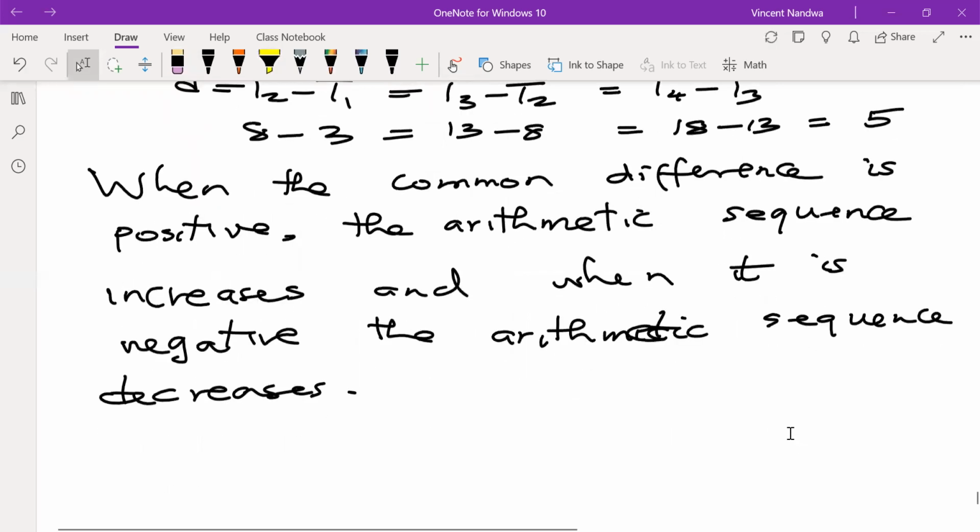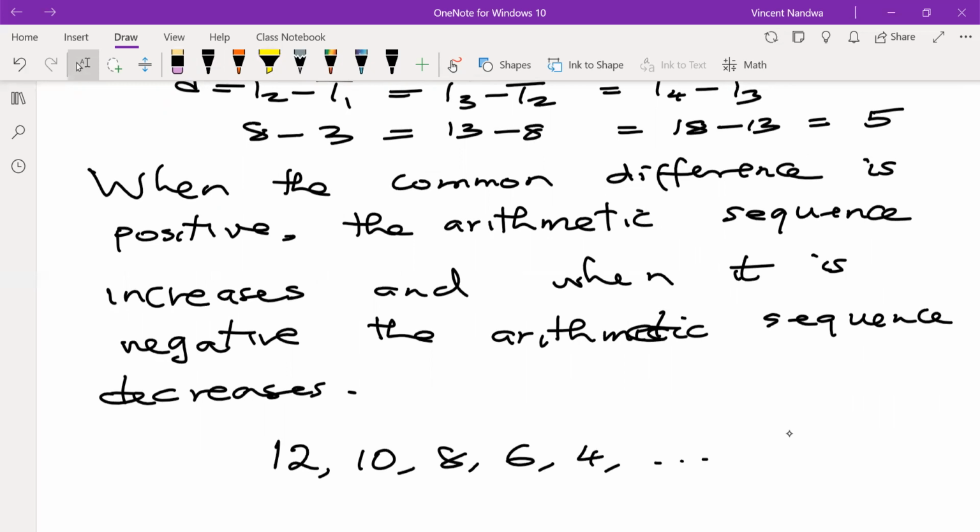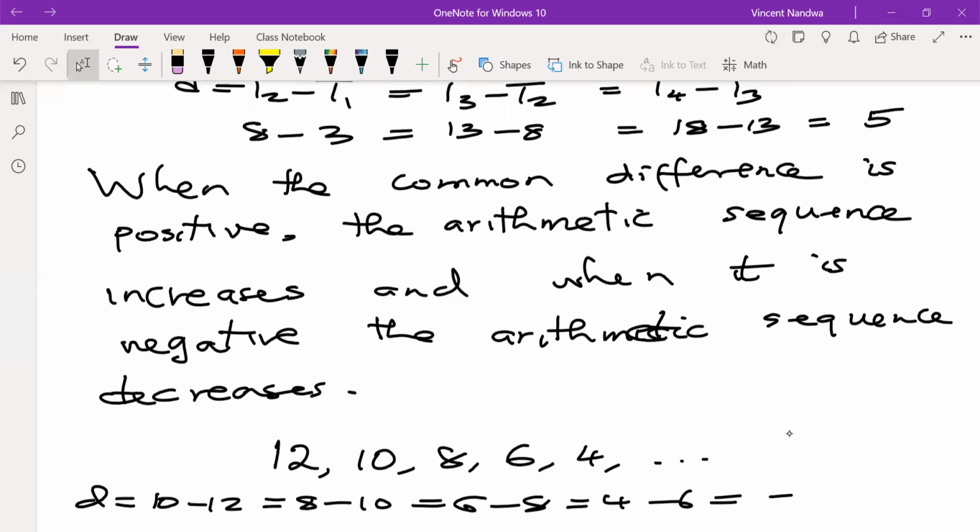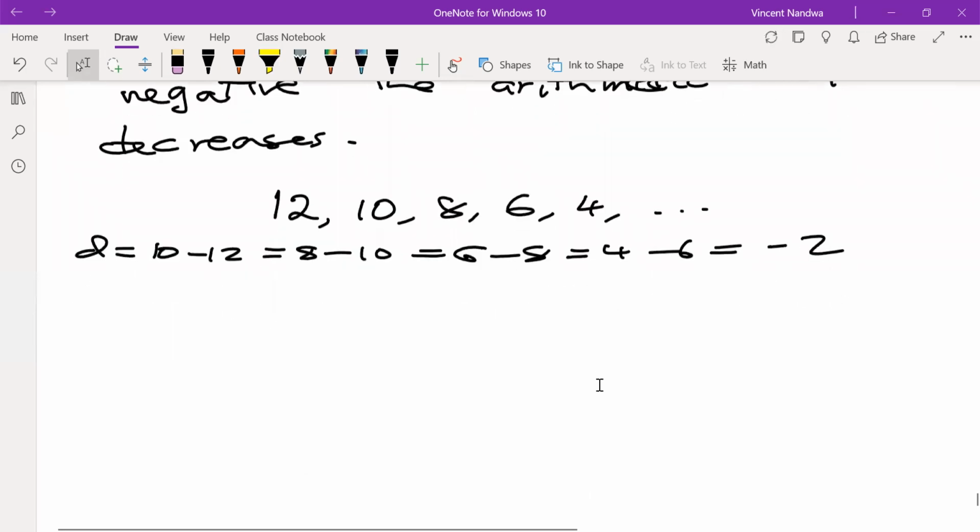So an example of a decreasing arithmetic sequence is, say, 12, 10, 8, 6, 4, etc. The difference here will be 10 minus 12, which is the same as 8 minus 10, the same as 6 minus 8, the same as 4 minus 6, and in each case we get negative 2. These are decreasing arithmetic sequences.